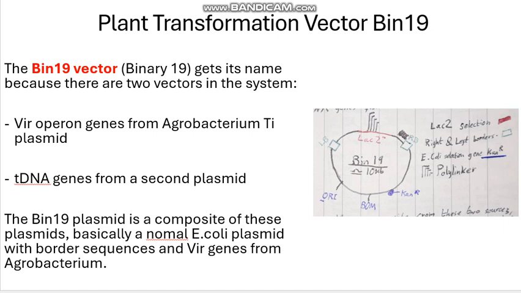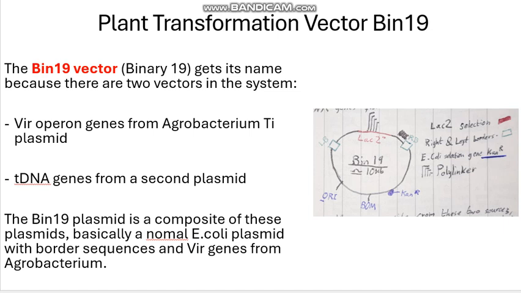So first things first, the Bin19 vector, which is short for the binary 19 vector because we're using a binary system. The agrobacterium that we're producing through this process is going to have two plasmids, so it's called a binary system.